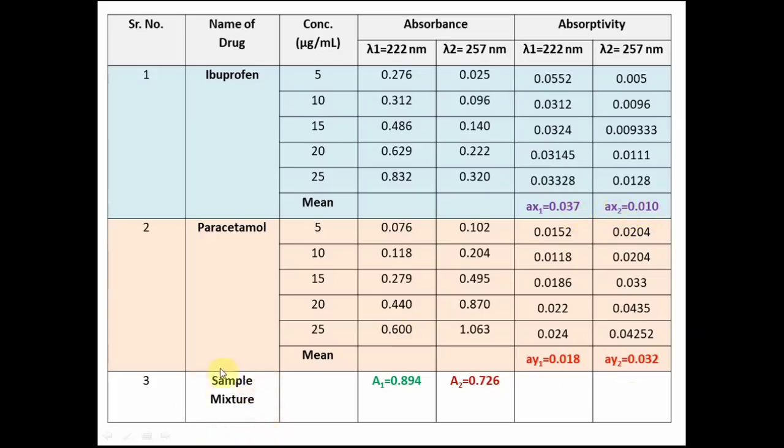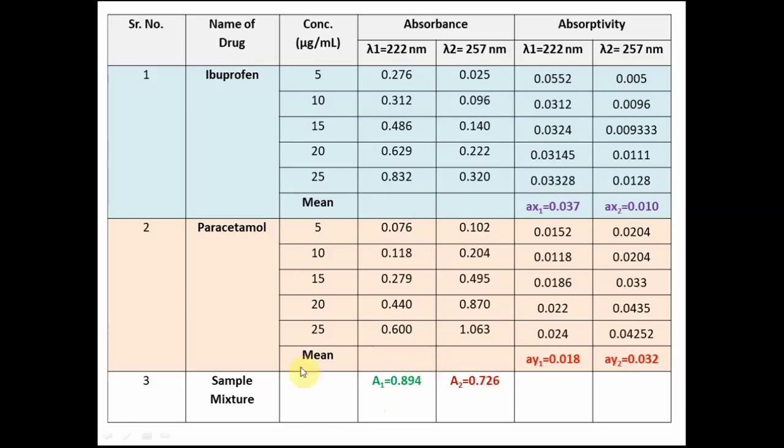And lastly, the sample mixture. We have measured the absorbance of the sample mixture, and we got A1 equal to 0.894 and A2 equal to 0.726.